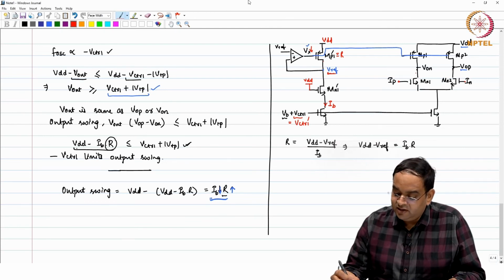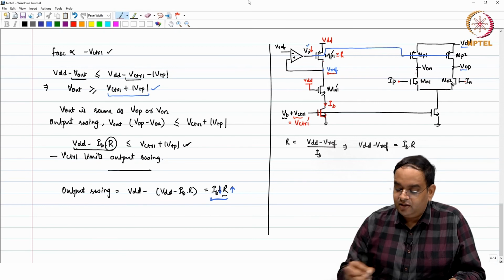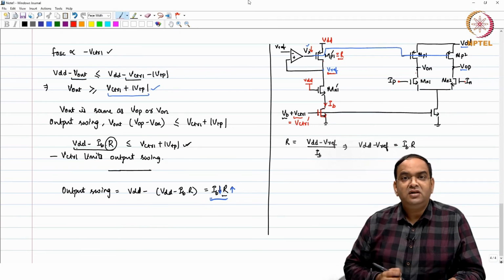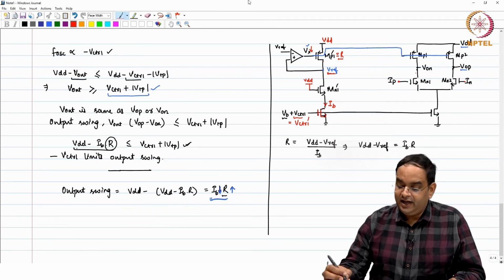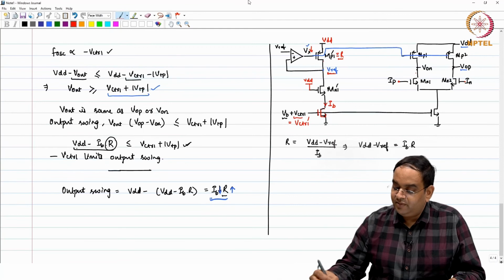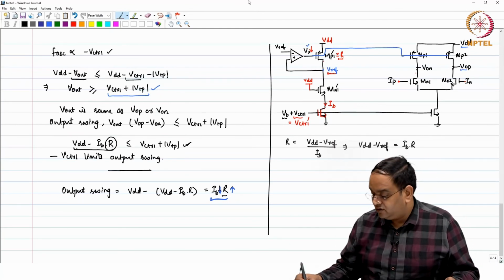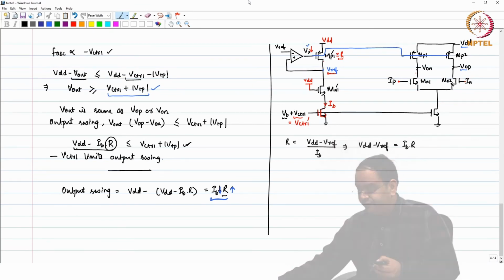By varying the gate voltage here, I am going to vary the current in this, and as I vary the current, the resistance will vary, and as the resistance varies, my output frequency will also vary. So, let us look at that relation.